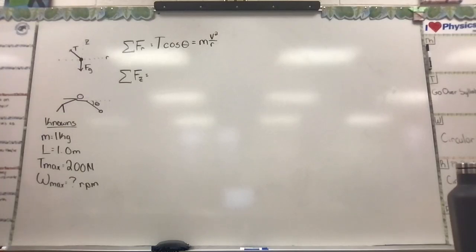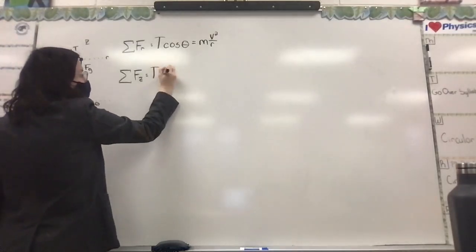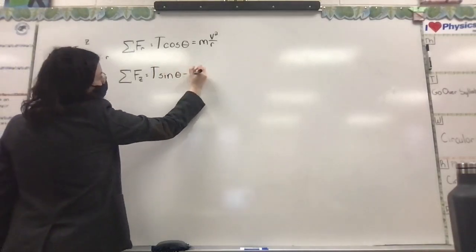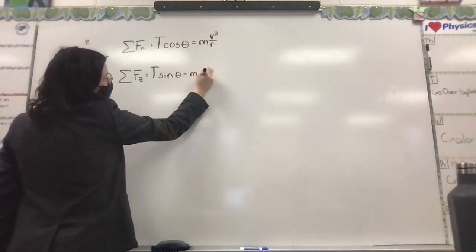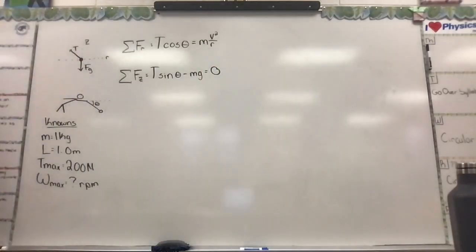Now what do we have in the Z plane? T sine theta and minus mg. And what's that going to equal? 0, because there's no acceleration in the Z plane.